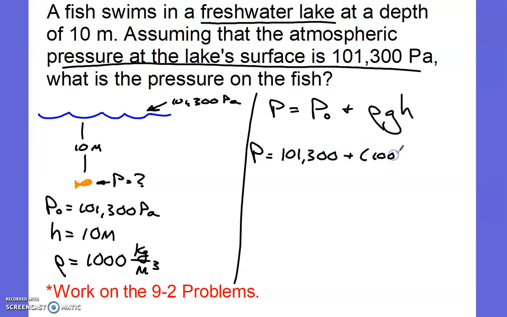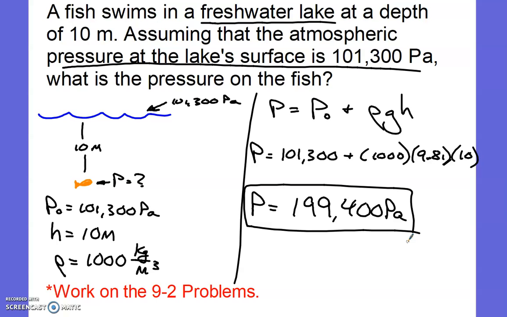Density is 1,000. G, as always, is 9.81. And our depth is 10. Simply putting this into our calculator as we see it, we get a value of 199,400 pascals.